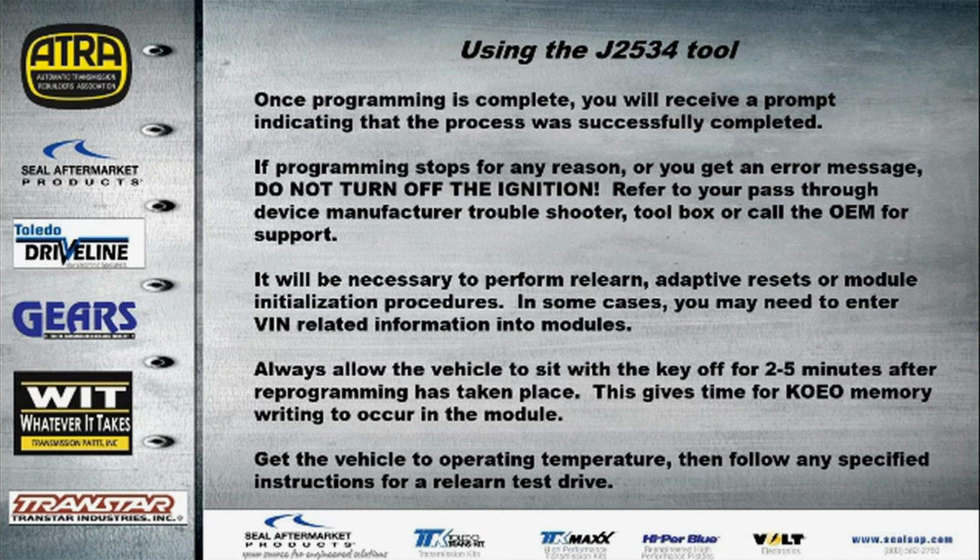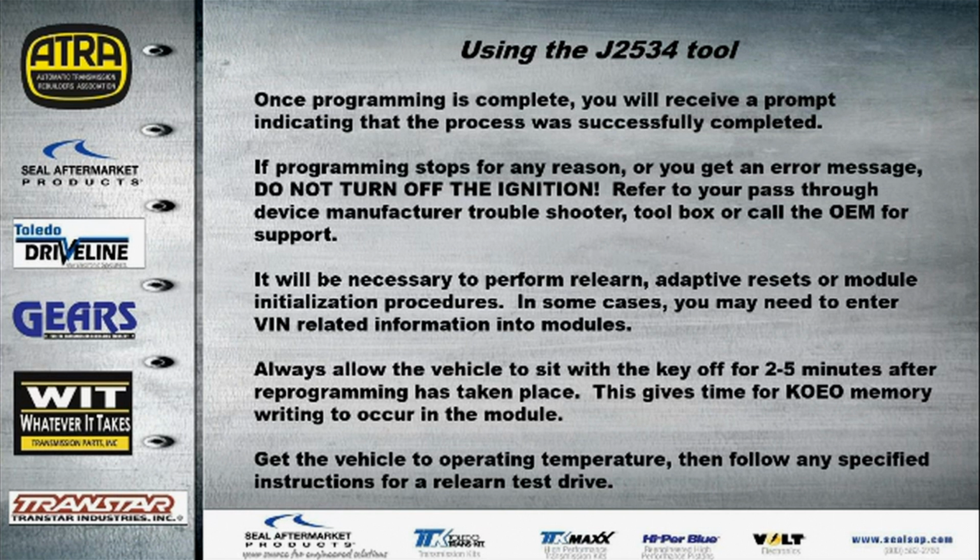Now, if at any point in time programming stops or you receive an error message, if something stops abnormally and there's no explanation, then the first thing is don't panic. Just don't turn off the ignition. You have to make sure that you keep the ignition on. And the first resource you want to go to is your pass-through device troubleshooter or toolbox.